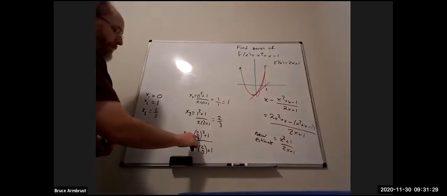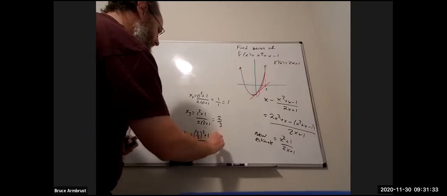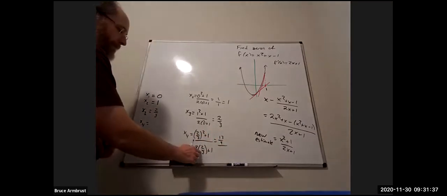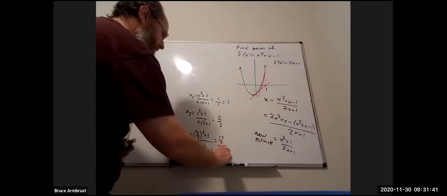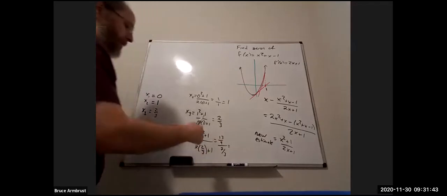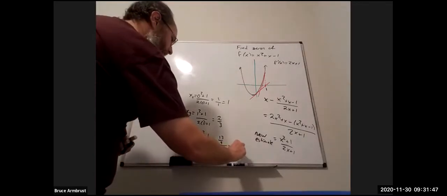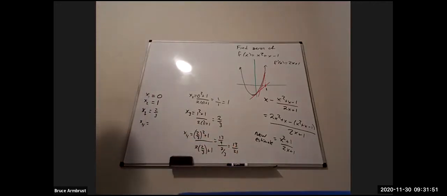Okay, well, let's see. So 2/3 squared is 4/9 plus 1 is 13/9. 13/9 divided by, let's see, 2 times 2/3 is 4/3 plus 1 is 7/3. So if I do the old flip and multiply thing, I'm pretty sure I get 13/21.